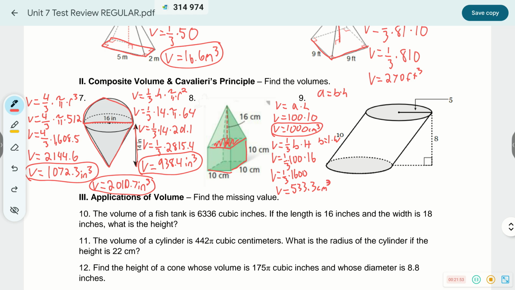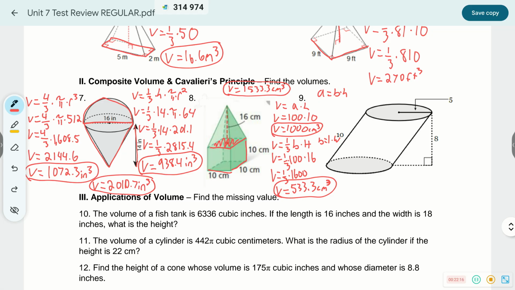So our total composite volume is going to be 1,533.3 centimeters cubed. That is our total composite volume of that figure.